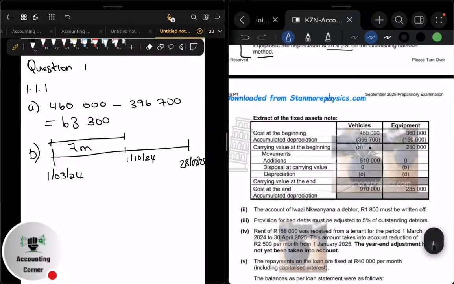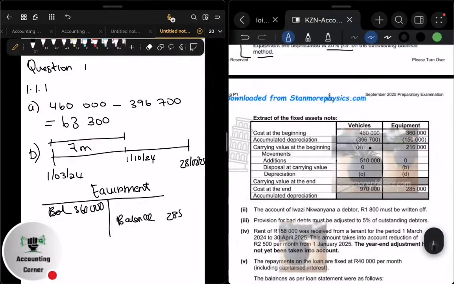If you were doing the T account for equipment, you'd have your balance at the beginning, which is the 360,000. Then on the opposite side, you'd have your balance at the end, which is the 285,000. There were no purchases of equipment, but you did have an asset disposal, and that's unknown.